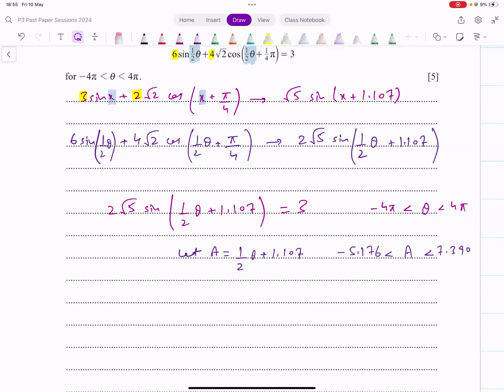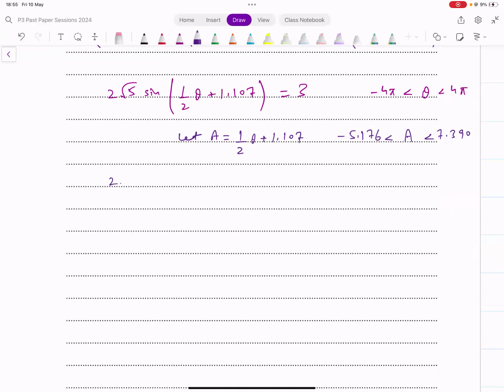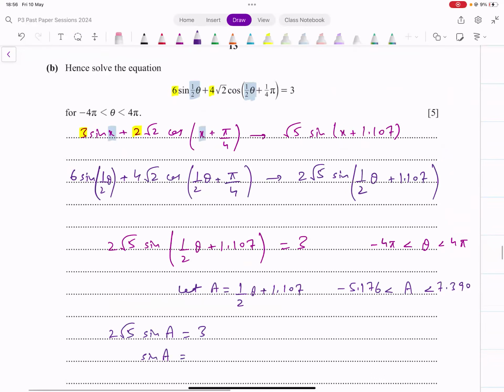So when we look for values of A, we have to use this interval from minus 5.176 to 7.390. Now let's solve this equation. After the substitution, we have 2 root 5 into sine of A equals 3. Sine of A equals 3 divided by 2 root 5. Do we need exact answers?